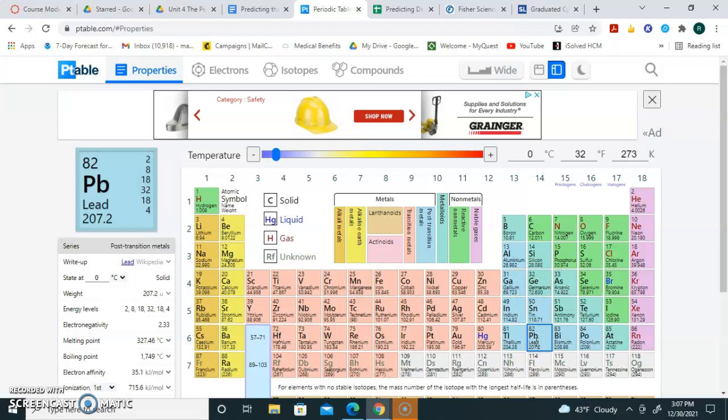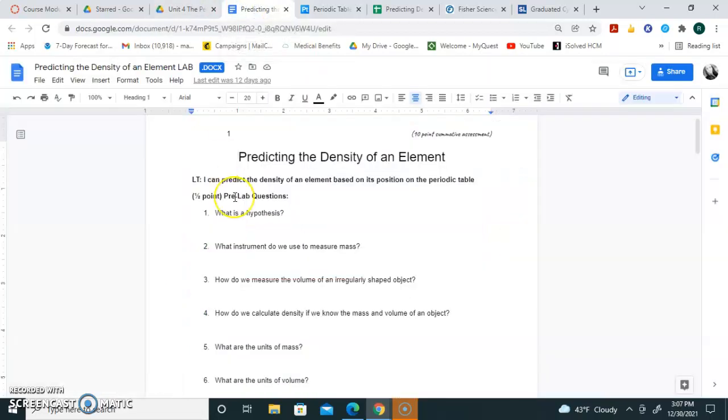Once we see if we can establish a correlation, we're going to use that correlation in order to predict the density of germanium, germanium is right here, atomic number 32. So that's kind of in a nutshell what we're doing in this lab. And now I'm going to break it down for you in steps.